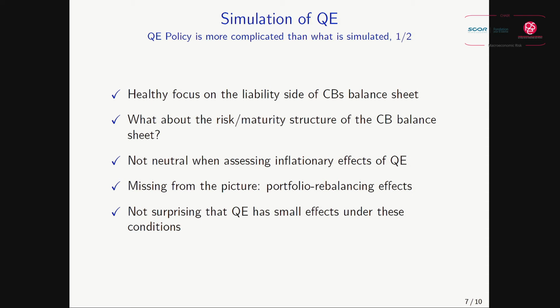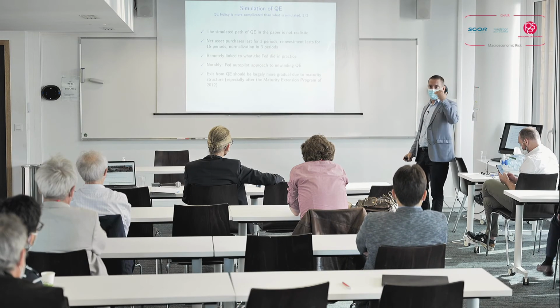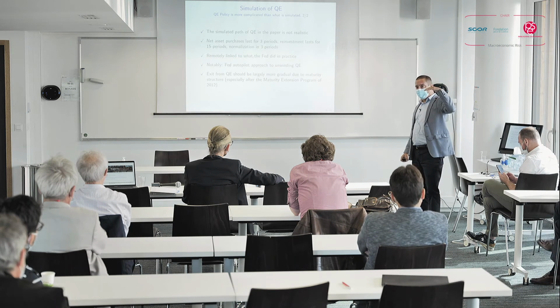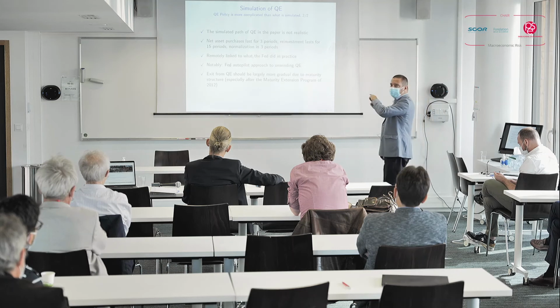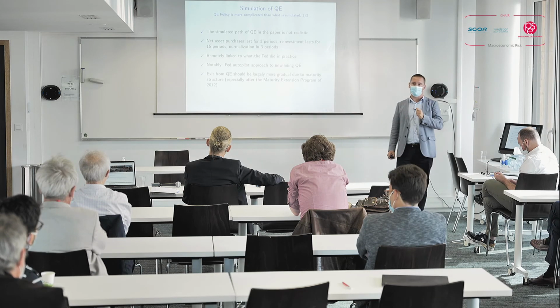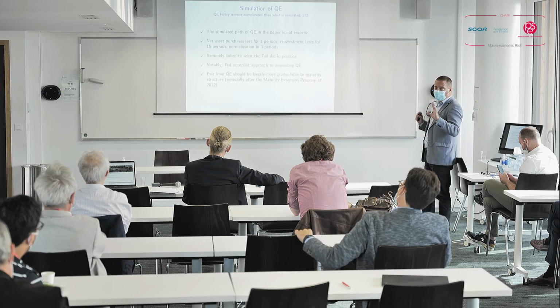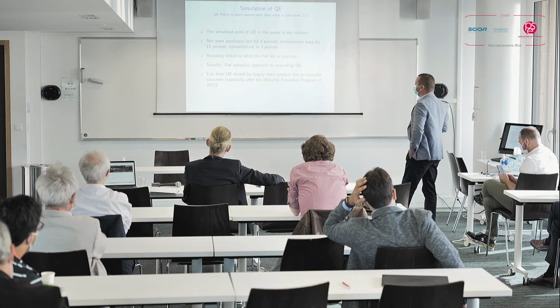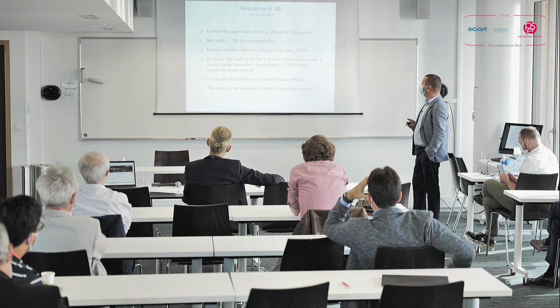And that was with the intent of basically lengthening the average maturity of the portfolio, so that the unwinding process on autopilot was supposed to take a very, very long time. So yes, QE is transitory, but highly persistent. So here, I think you should consider an alternative path for your QE simulation.